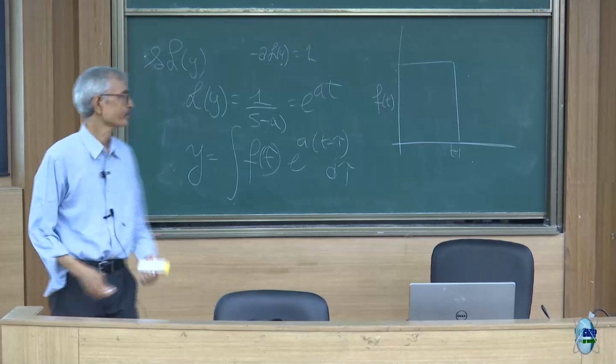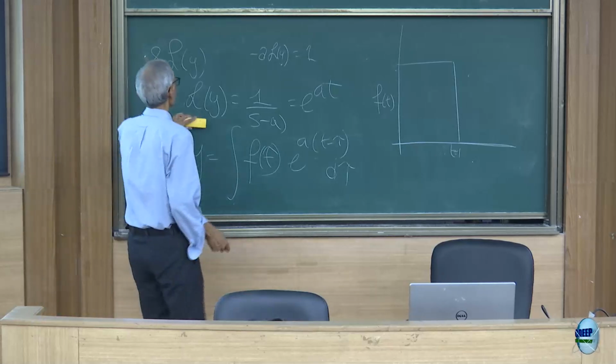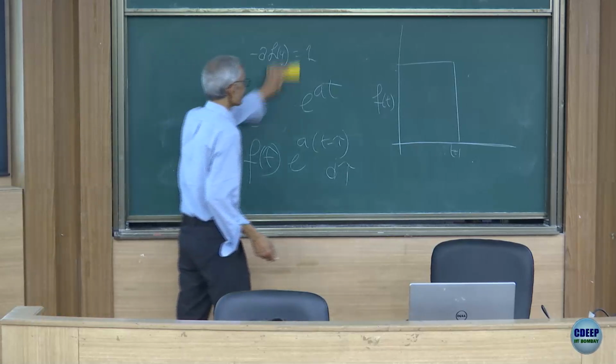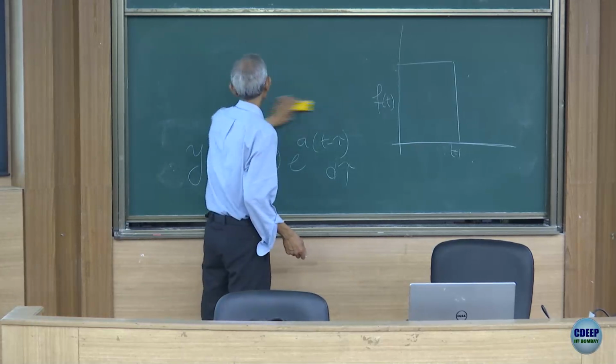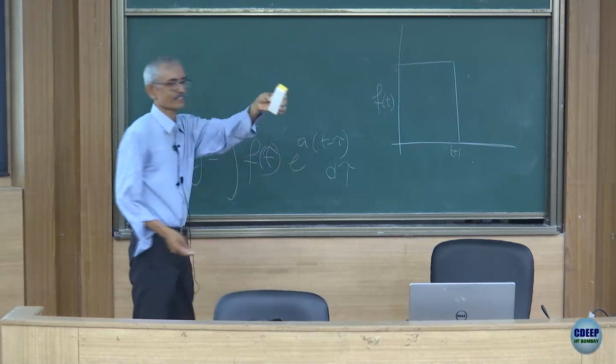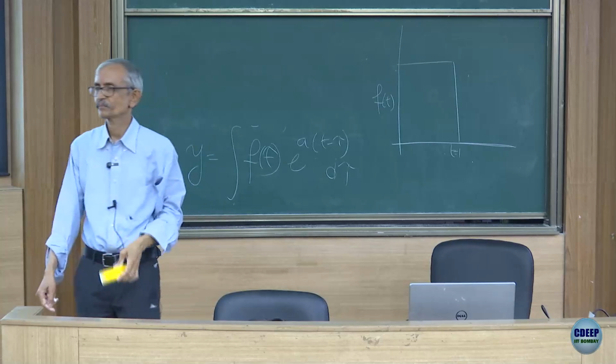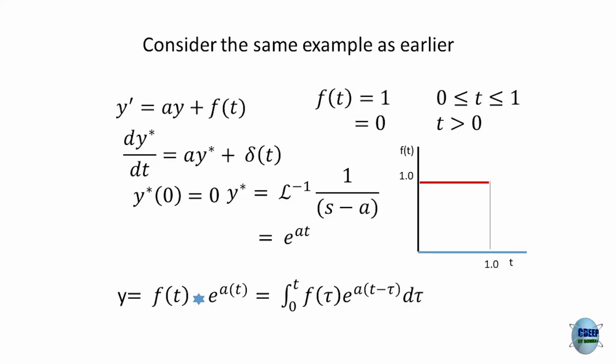Now let us go ahead and do a little more algebra and find out whether this is the same as what we have. Y is the integral from 0 to t of f tau e to the a (t minus tau) d tau. So let's go ahead and integrate this.